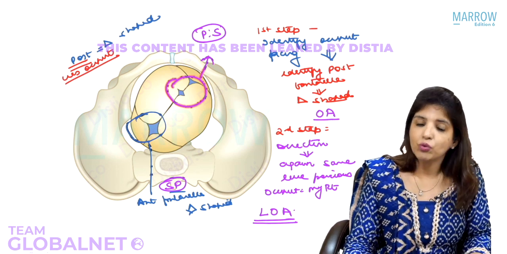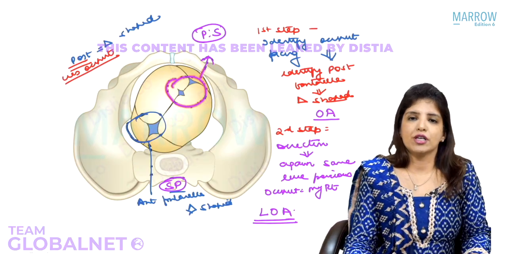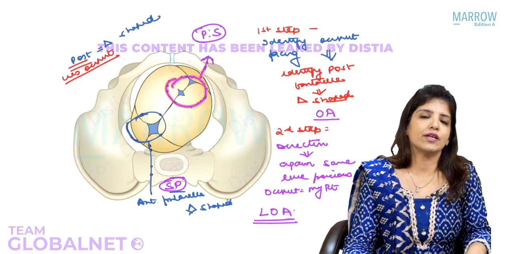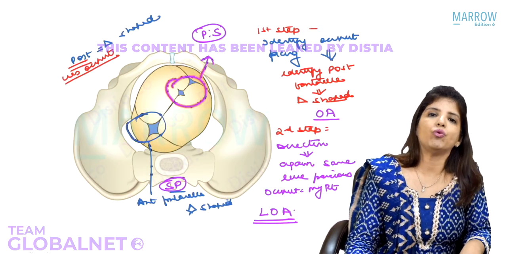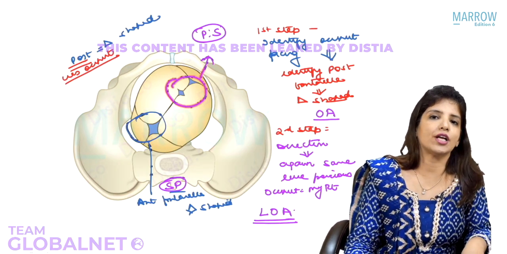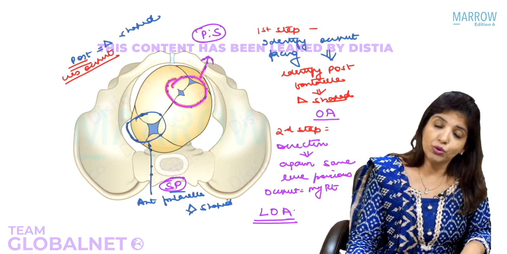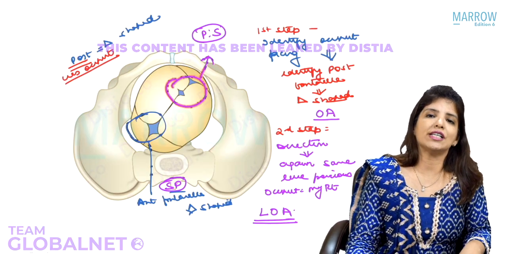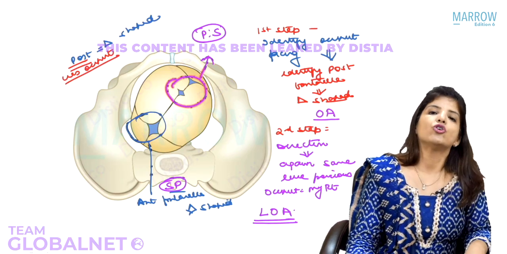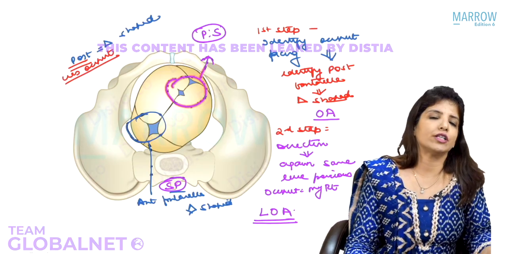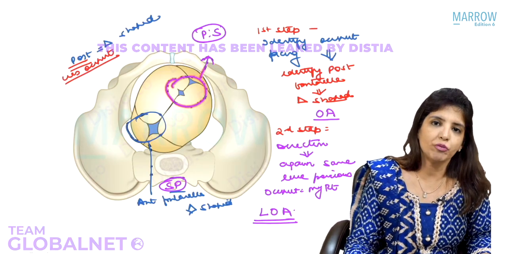Again, if you get an image like this, first you have to see which fontanelle is the posterior fontanelle. We know it's the triangular shaped fontanelle. We also know that the posterior fontanelle is close to the occipital bone, so wherever it is facing, the occiput would also be facing.